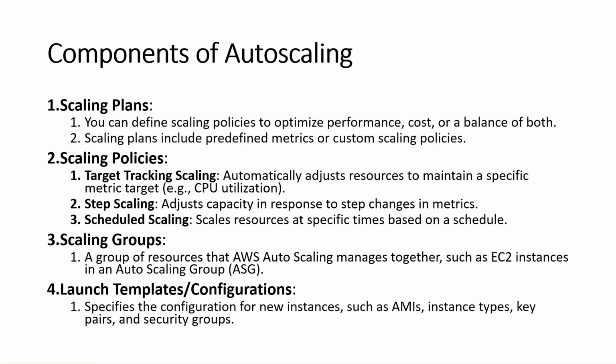So it defines how scaling should happen to optimize your performance, reduce cost, or strike the balance between the two. You can use predefined metrics like CPU usage, or create custom metrics like request count per second to decide when and how to scale. It provides flexibility to focus on what's most important for your application, like speed, cost saving, or a mix of both.